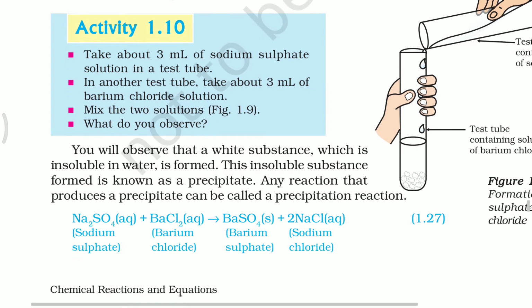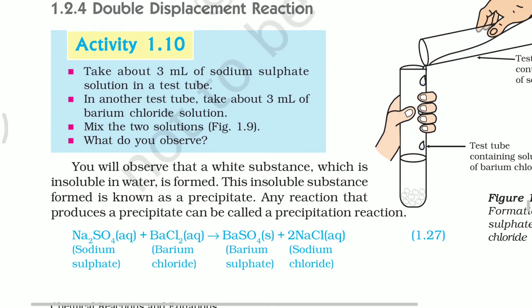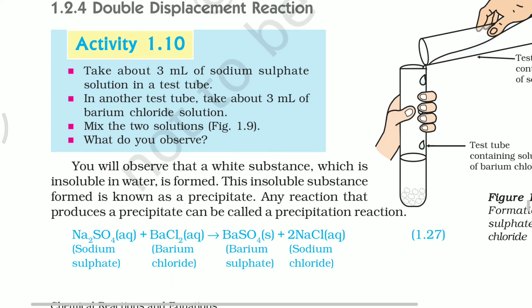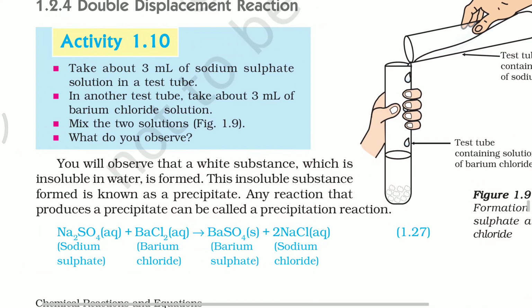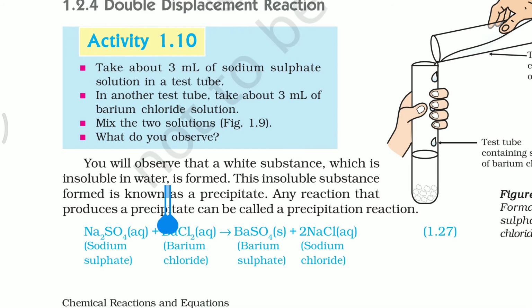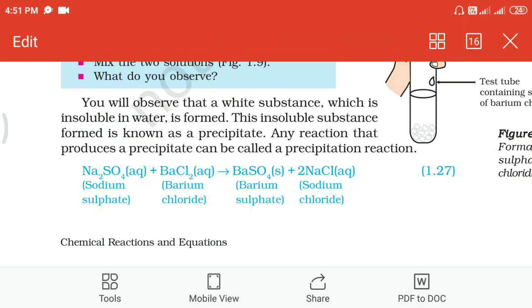Here barium sulfate precipitate is formed, which is an insoluble precipitate. Any reaction that produces a precipitate can be called a precipitation reaction. In any reaction where an insoluble solid substance is formed, such reactions are called precipitation reactions. Double displacement reactions mostly form precipitates. This is about double displacement reaction.